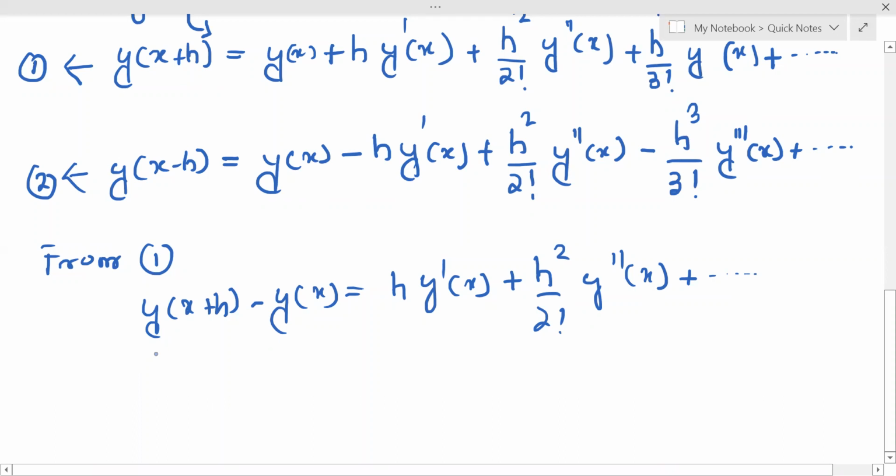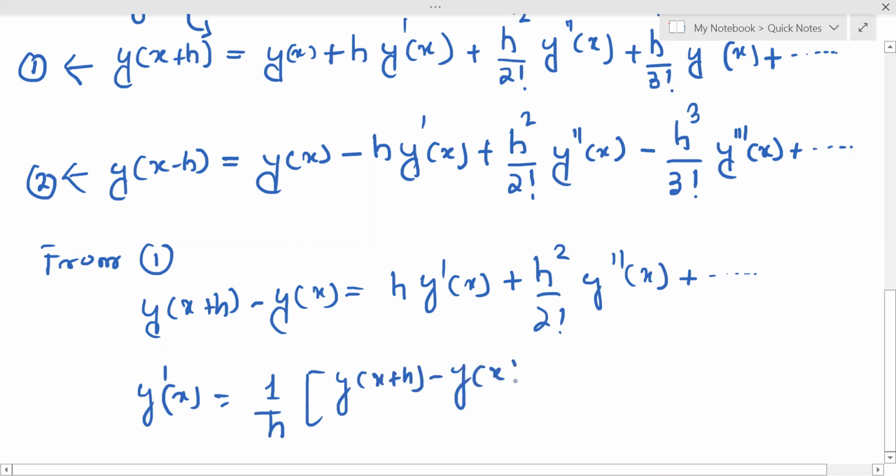y'(x) is equal to 1 by h times y(x+h) minus y(x), plus order of h.